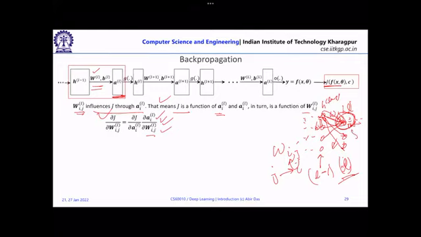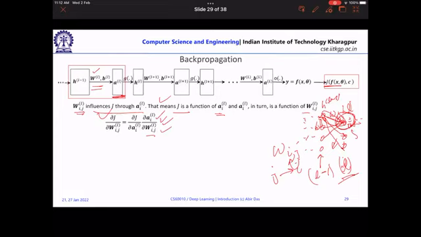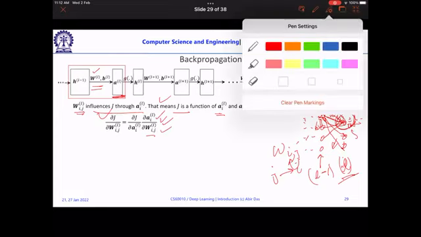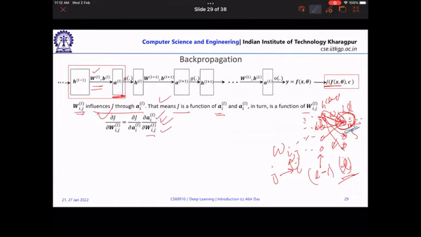So this is AIL, and this is, as I said, WijL. What is the relation? AIL is basically Wi1, that is 1 to I, times H1 of L minus 1, plus Wi2, that is 2 to I, times H2 of L minus 1, and so on. This is how you get AIL, but you are only interested in WijL.